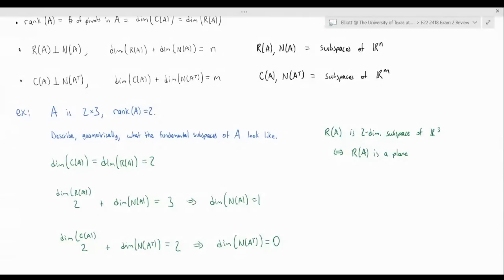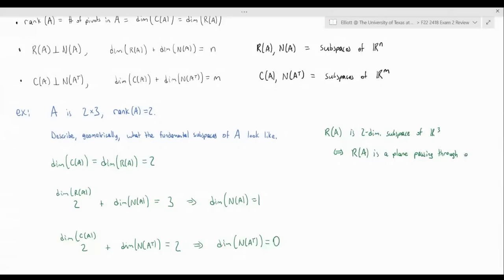So the row space of A would be a plane that passes through the origin in R3. So that's what we can see about the row space.